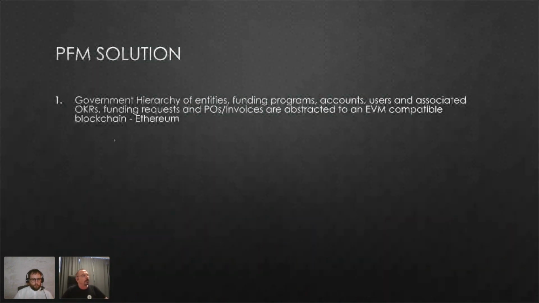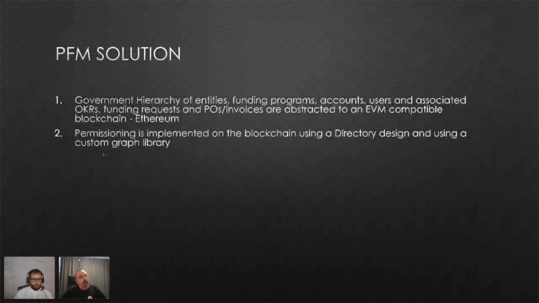And then we can implement permissioning, and our permissioning is implemented on the actual blockchain, so you're not reliant on a DB, using a directory design pattern. For each of these, as I indicated, there are multiple permissions that could be assigned and customized in the system.